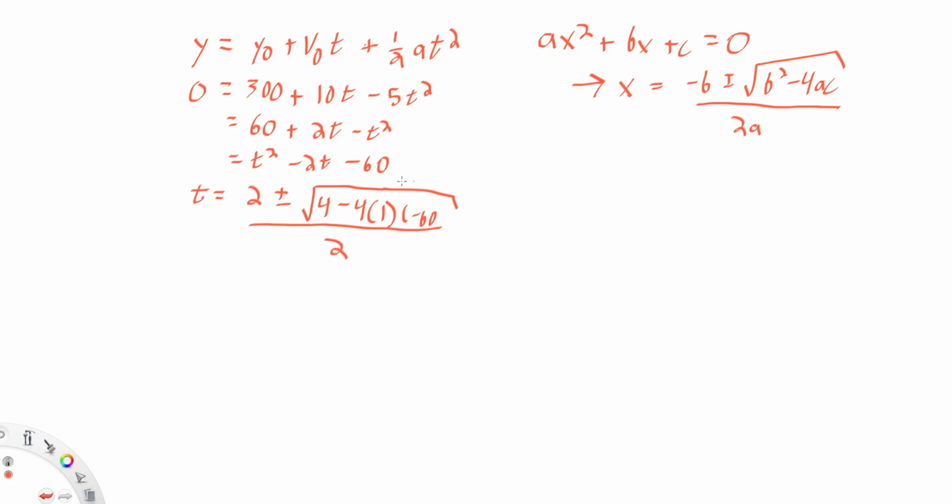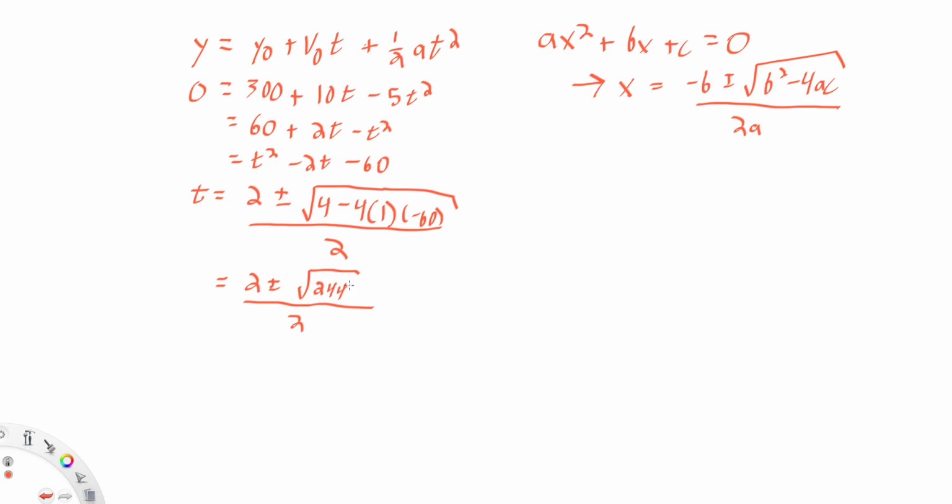So on the radicand here, we've got 4 times 1 times 60, which is 240. The negative signs cancel, so we get positive 240. So we have a 244 under the radical. And 244 is definitely not a perfect square.